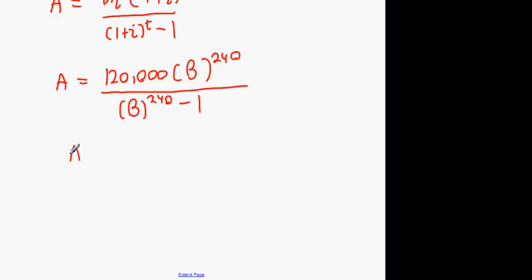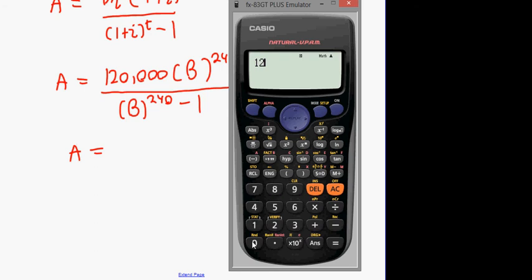So you put this into the calculator. What we get is 12,000 multiplied by B to the power of 240, then we're going to divide that in brackets by B to the power of 240, and then we're going to take away 1.